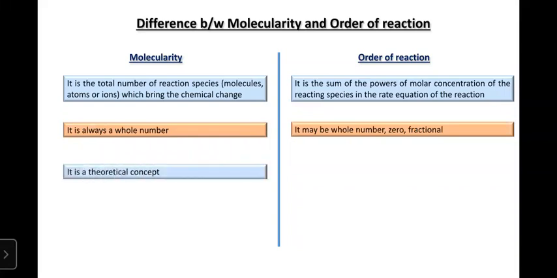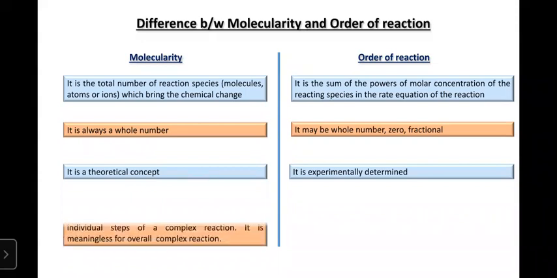Molecularity is a theoretical concept, right? It is not a practical approach. The order of the reaction we can determine experimentally. Molecularity is meaningful only for a simple reaction or an individual step of a complex reaction.